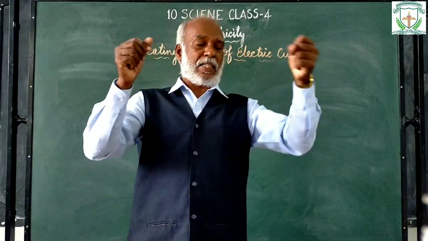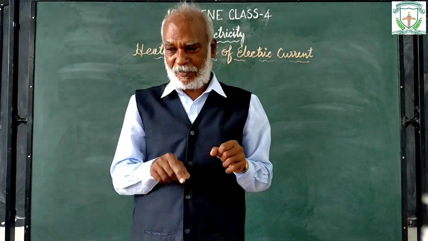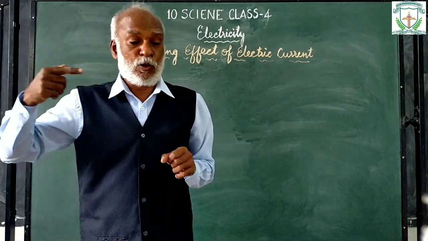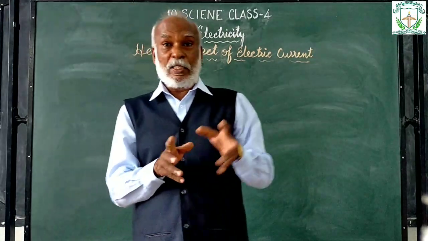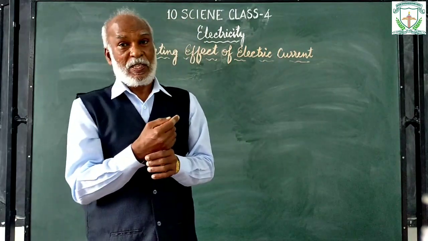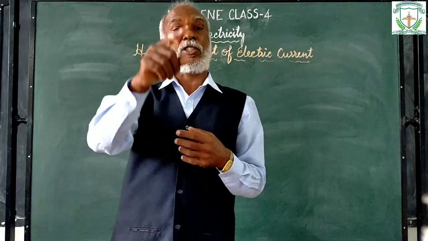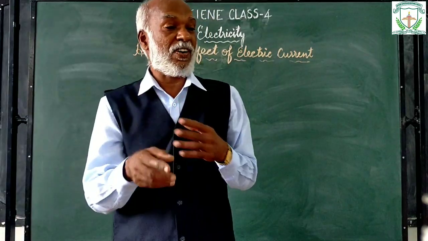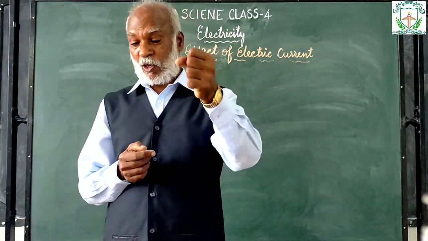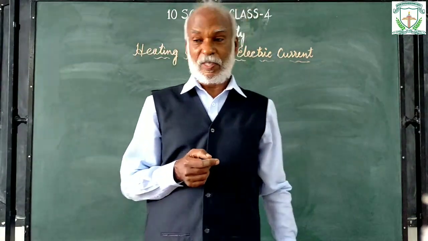These vibrating atoms and molecules cause obstruction to the flow of charges or electrons through them. So in the course of charges flowing through the material, some amount of kinetic energy of the electrons gets transferred to the vibrating molecules or atoms of the material of the conductor or electric component.